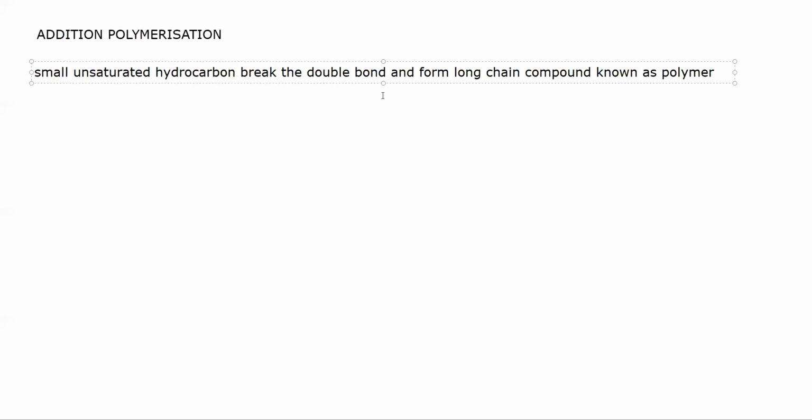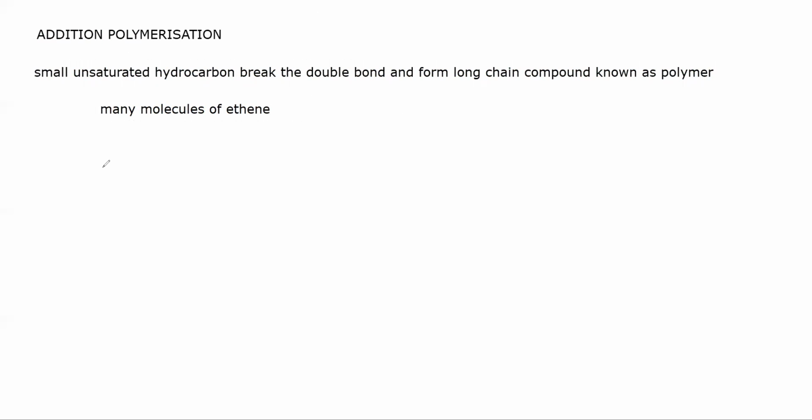So how does it happen? Look, for example, you have small molecules, say you have many molecules of ethene. Eth means two carbon and ene means they should have a double bond.